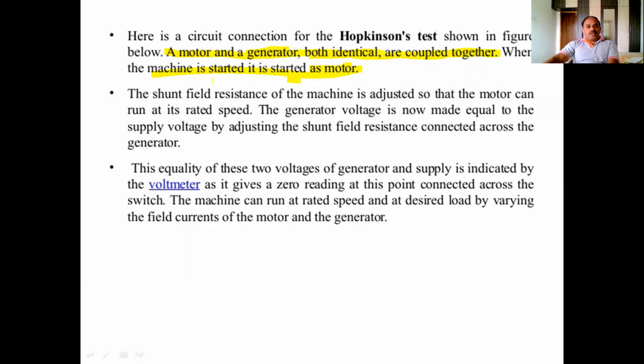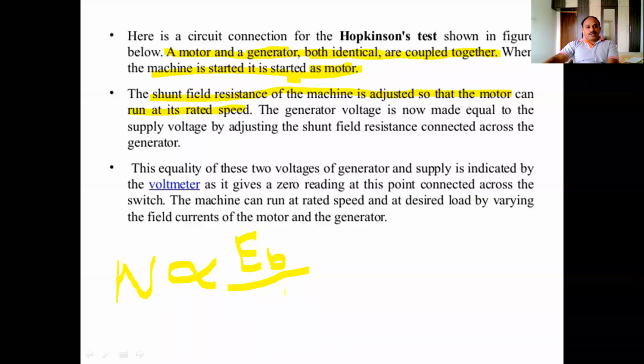The shunt field rheostat of the machine is adjusted so that the motor can run at rated speed. Because we know that in a DC machine, speed is proportional to back EMF by flux.